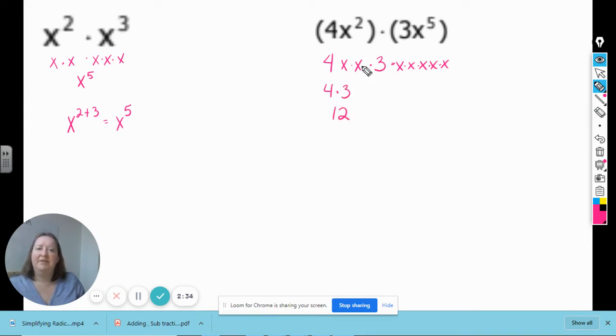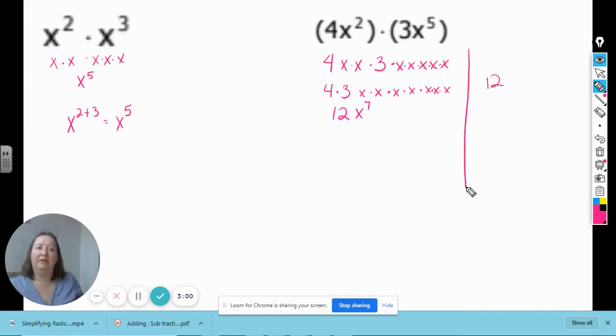And then the x's: 1, 2, and 1, 2, 3, 4, 5, so 1, 2, 3, 4, 5, 6, 7. x to the 7th.